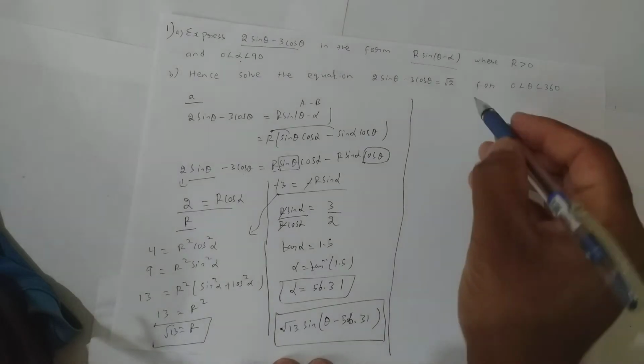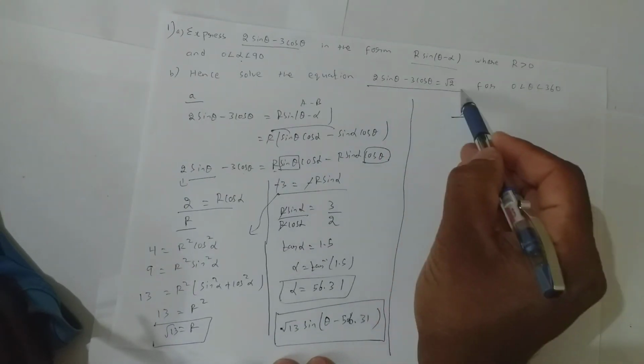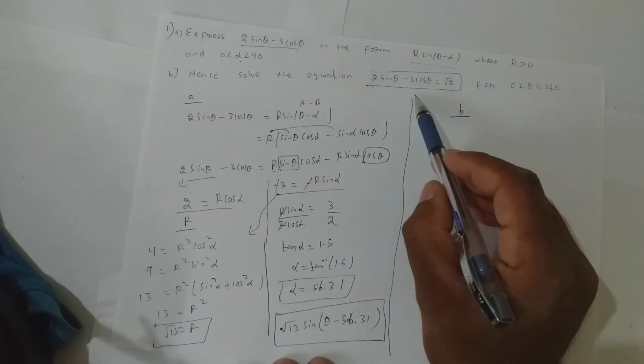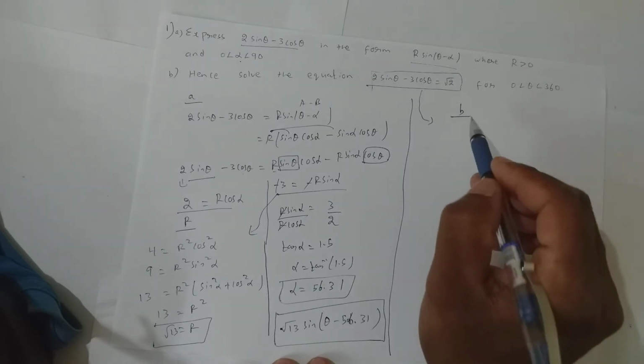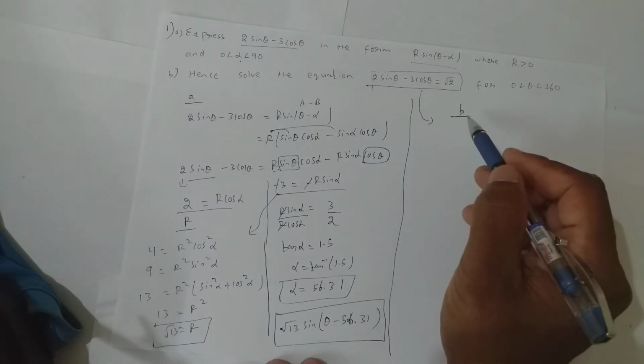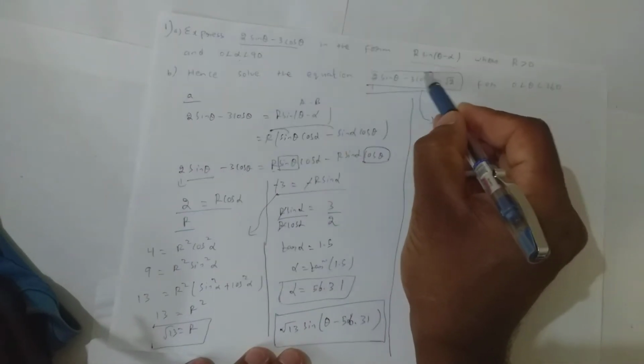Now look at B1. Hence solve the equation, this one. If I take this and try to solve it directly, I won't get it. In trigonometry, I have been telling you, the first bit's result must and should be used in the second bit. So in place of the left-hand side, what can I write?